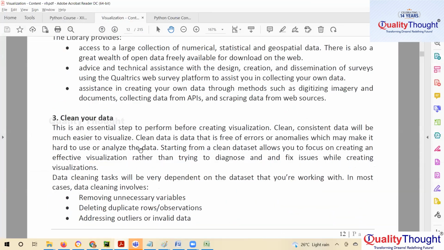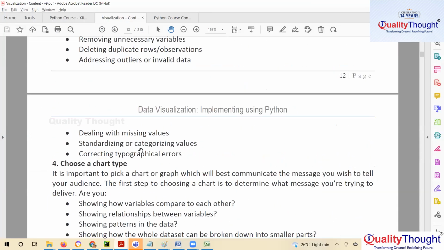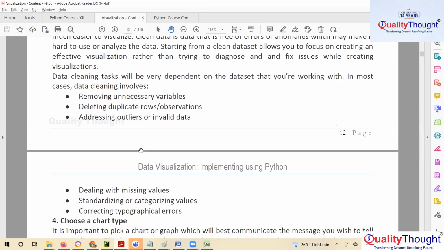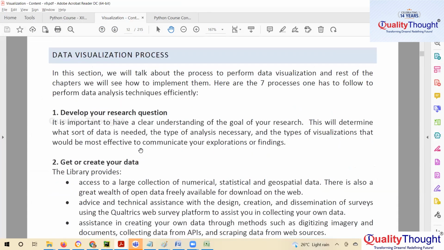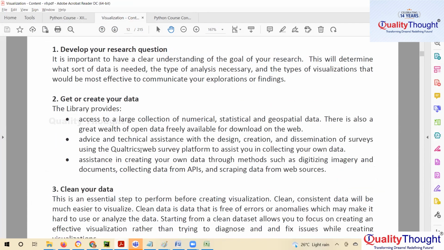So these are the steps of creating a visualization. First, develop your research question. Don't first create the graph and then think about what to do. First thing is to develop your question. What question am I trying to answer? Based on the question, you get the data.